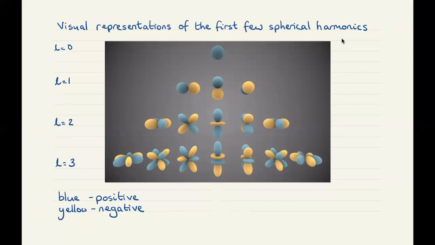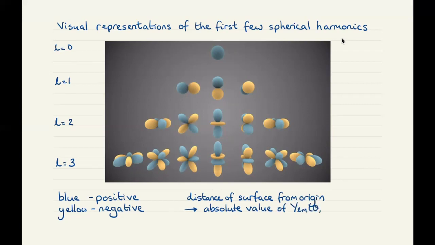And the distance of the surface from the origin is giving the absolute value, again with blue being positive, yellow being negative, of the spherical harmonic in the angular direction, theta phi.